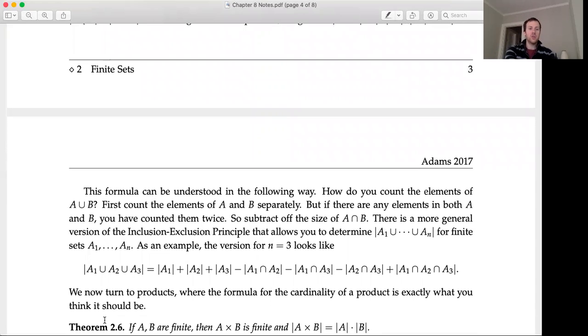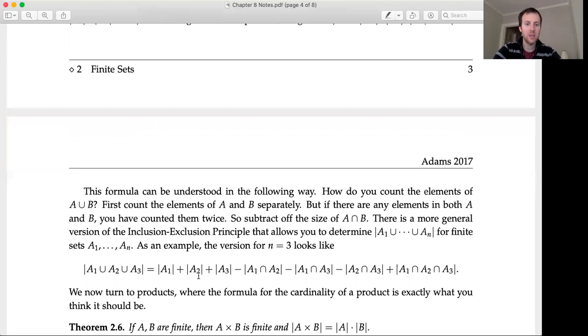If you union 3 sets, you get this long looking formula here, but where it comes from is you have 3 sets, you union them up, how big is that? Well, first count how many are in each one and add those up. For each pair, so A1, A2, if you're in both of them, those are counted twice, so you subtract those out.